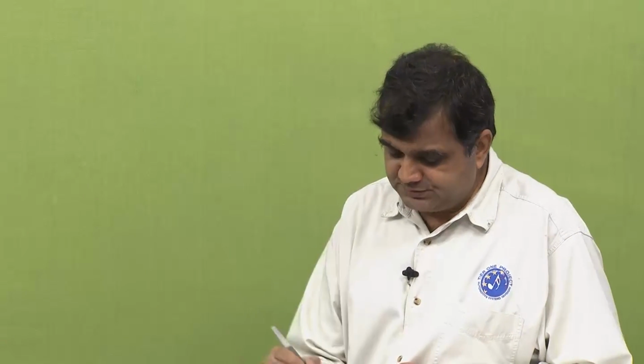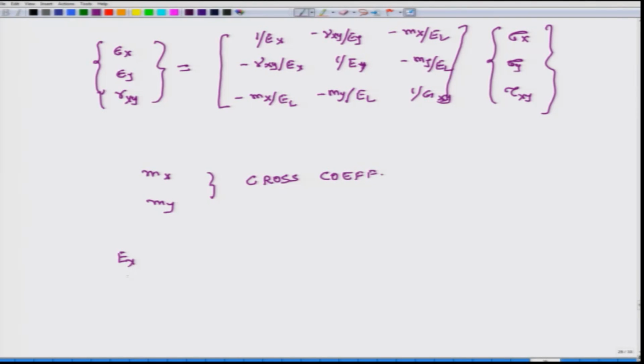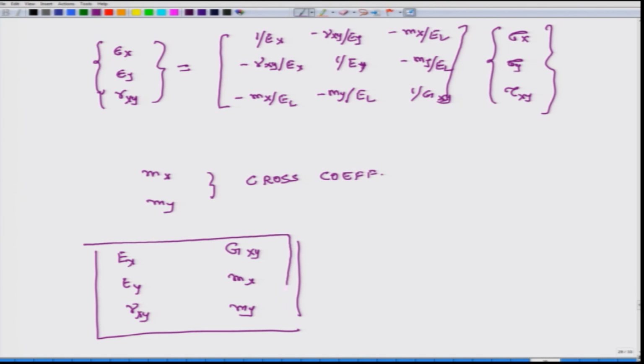The relationships for E x, E y, nu xy, G xy, m x, m y, these 6 we have already explained in our previous course. So, please go back and refer to that and you will find the relations.